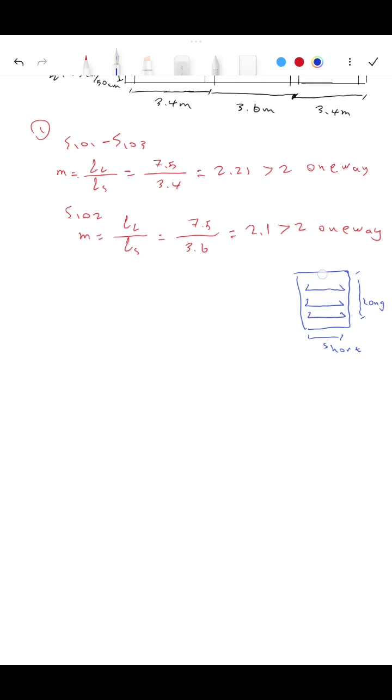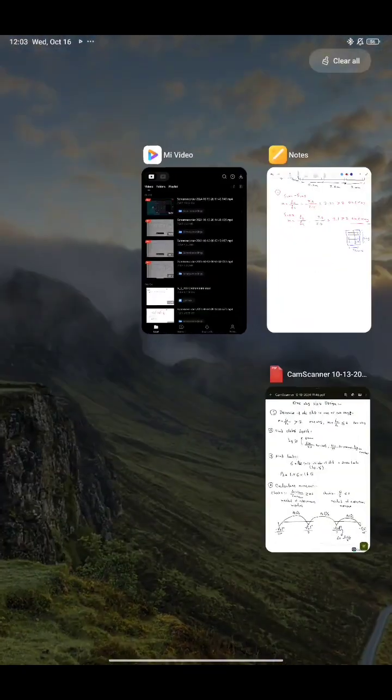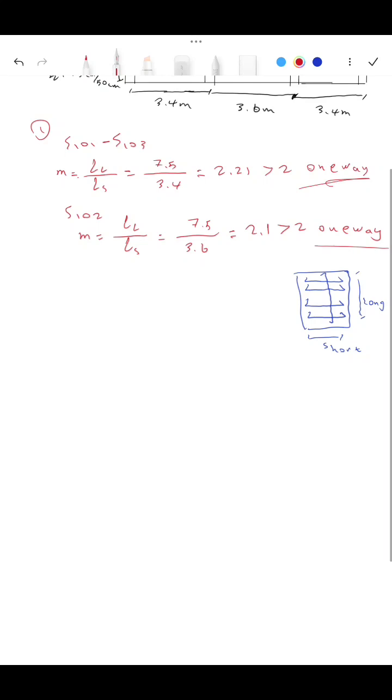Yes, we will have steel like this, but this steel is not important, it's secondary. This one is the important one, and it will be laid like this, as I just mentioned. Okay, so this is the first point and we've done it. It's one way and one way.